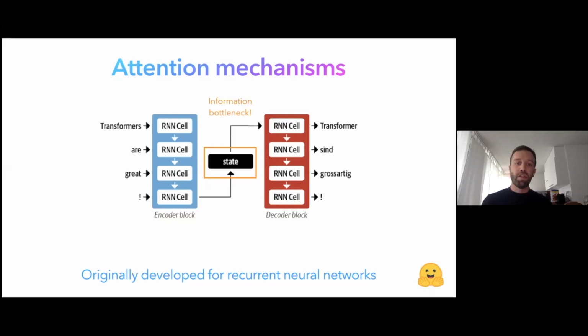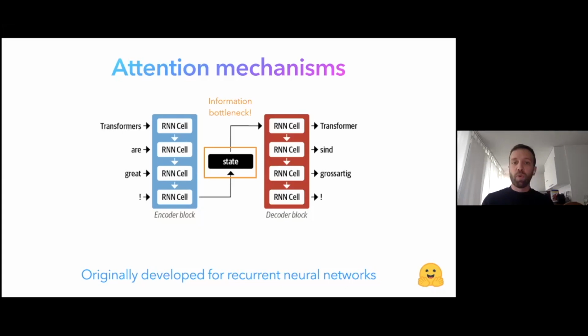If the encoder block doesn't encode that information really well in the state, then the decoder has no chance to actually decode it. And you can imagine, with really long sentences or even passages, you need to encode all the information very accurately so that the decoder block can generate the whole translation. That is a pretty challenging task.